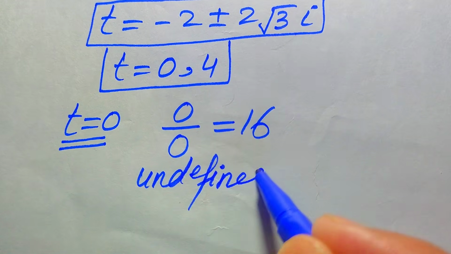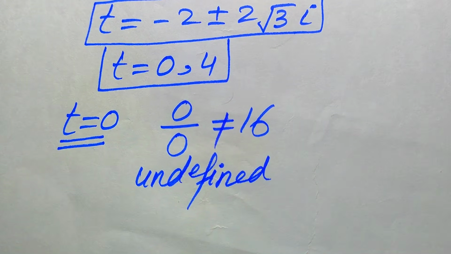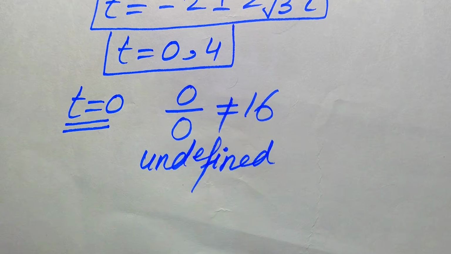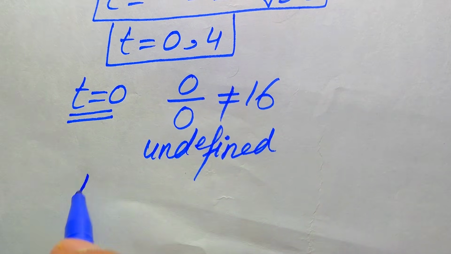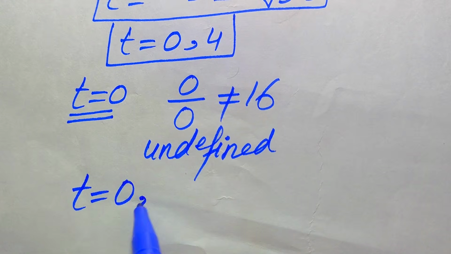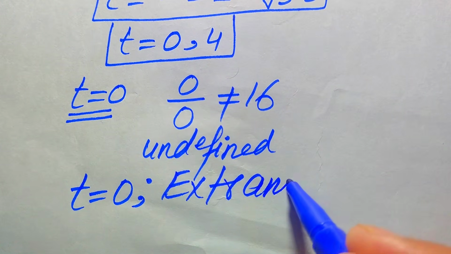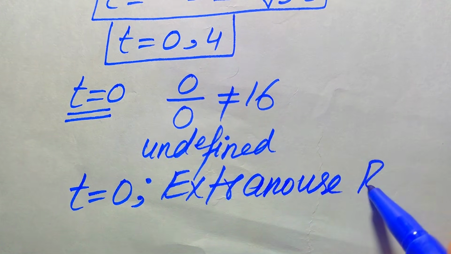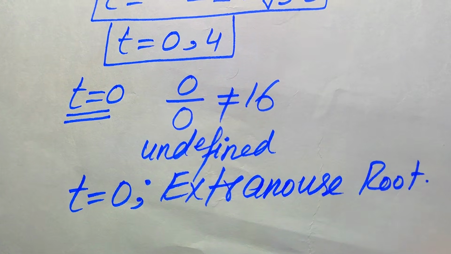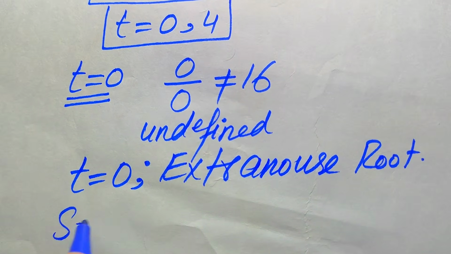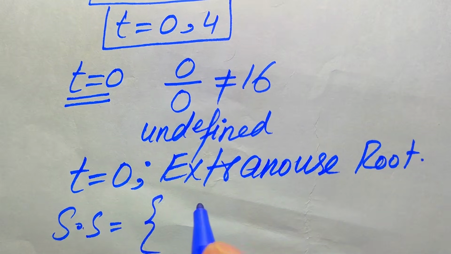So if this is undefined, this means that both sides are not equal, and this concludes that the value t equals 0 does not satisfy our given question statement, and we call t equals 0 the extraneous root of the given equation. Okay, t equals 0 is the extraneous root, and all the remaining roots satisfy our given question statement.